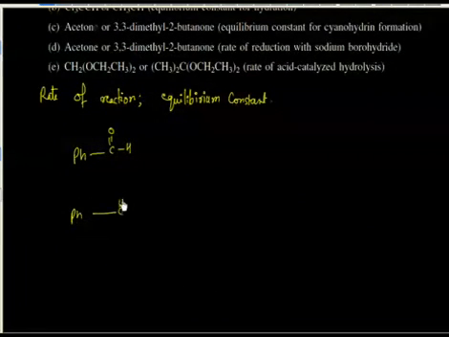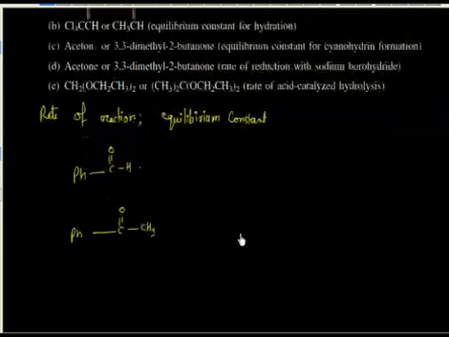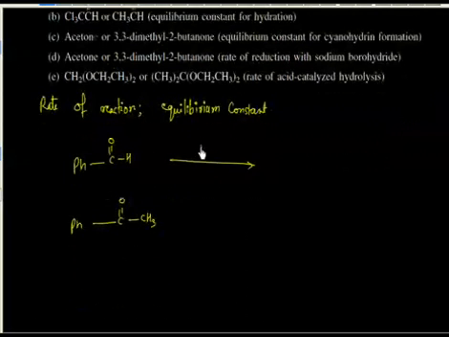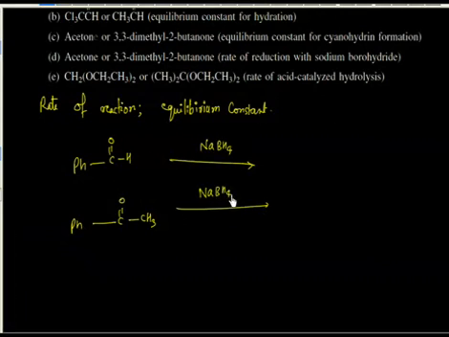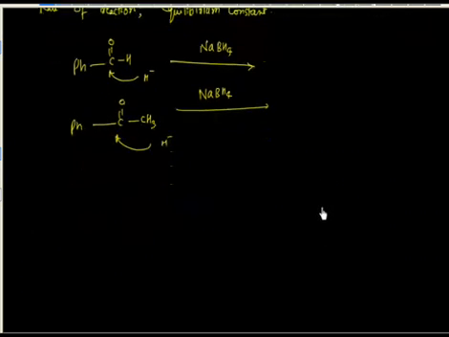Now these two compounds, if treated with NaBH4 or LiAlH4, this is sodium borohydride. If this compound is treated with NaBH4, and this compound is also treated with NaBH4, then this is simply a reduction reaction. H minus comes, attacks; H minus comes, attacks. Now the rate of this reaction depends upon two kinds of factors: it depends upon a steric factor first and upon an electronic factor. These things are discussed in the class.